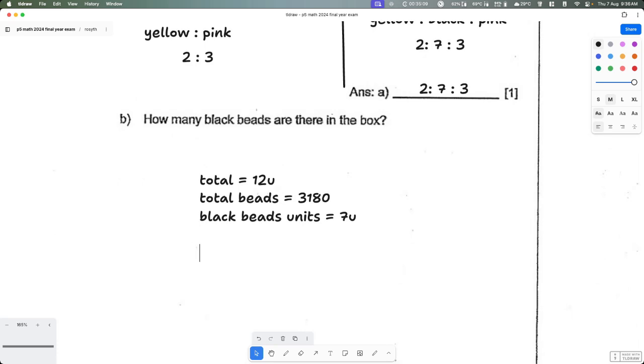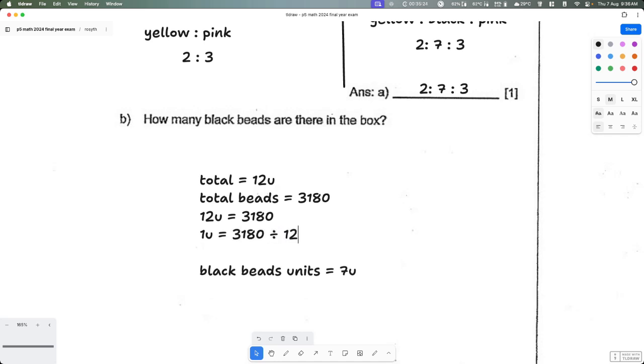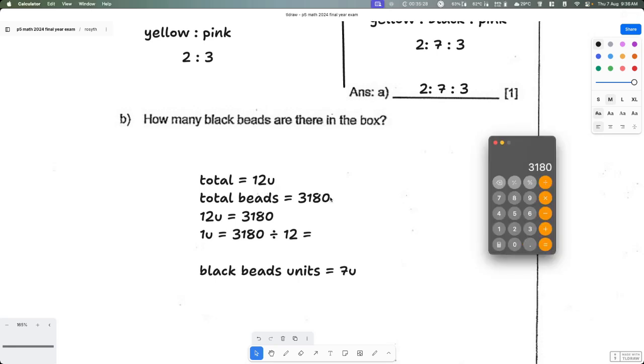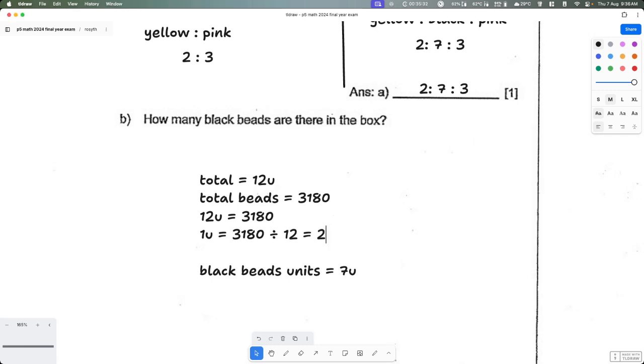So that means 12 units. We will get the 1 unit first. So 12 units is equal to 3180, and 1 unit is equal to 3180 divided by 12. Okay, use our calculator. 3180 divided by 12 is 265.